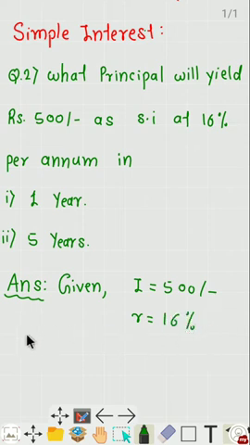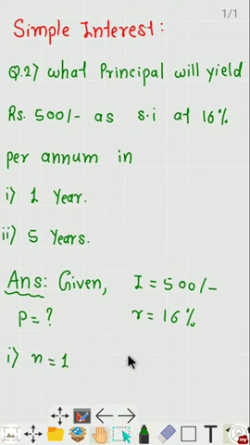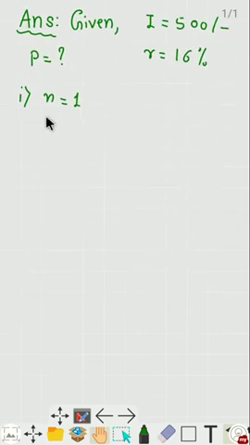Okay, so let us write first case, and we have to find the principal. In first case we put n is equal to 1, means number of years, n is equal to 1.